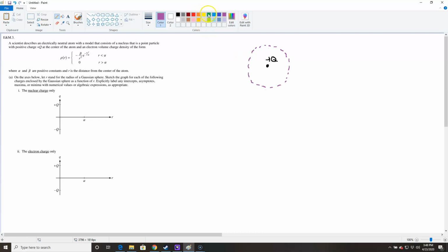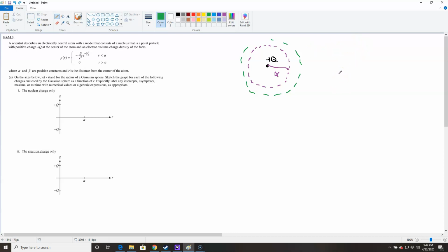To translate this, let's let this purple dashed line represent the boundary of the atom. And really what it's saying is once I get beyond radius alpha, the total charge is 0. So if I were to draw a Gaussian surface that's external of this purple line, my Gaussian surface would tell me that the Q enclosed is 0.